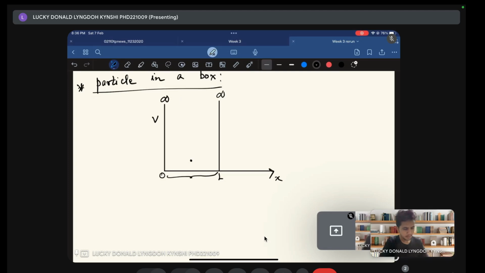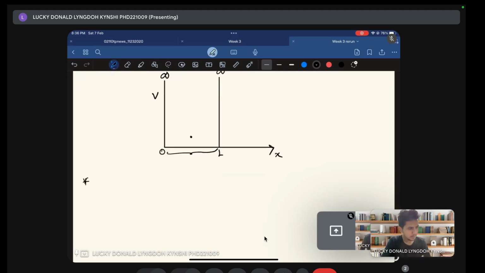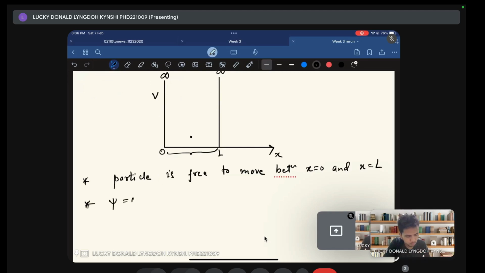Now the particle is free to move between x equal to 0 and x equal to L. That means there is no potential; the potential is equal to 0 between x equal to 0 and x equal to L. But psi, the wave function, is equal to 0 for x less than or equal to 0 and x greater than or equal to L. Why is it equal to 0?